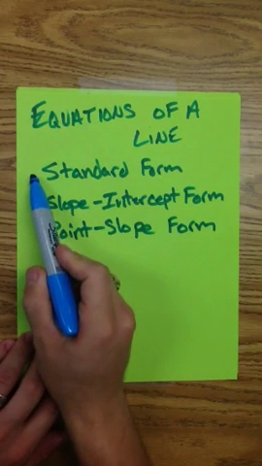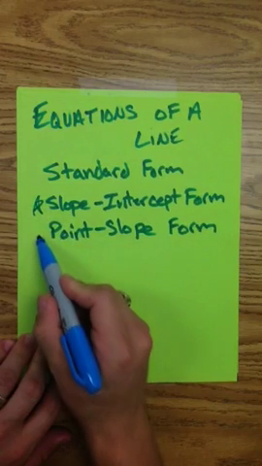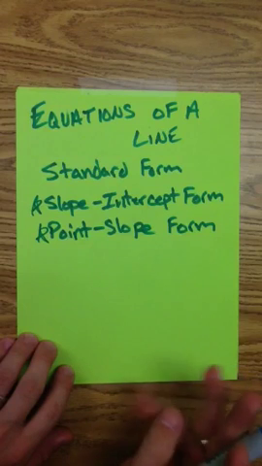We'll just briefly mention standard form. The main part of this lesson will be about slope-intercept and point-slope form. These will be the two that we will use heavily in our class.